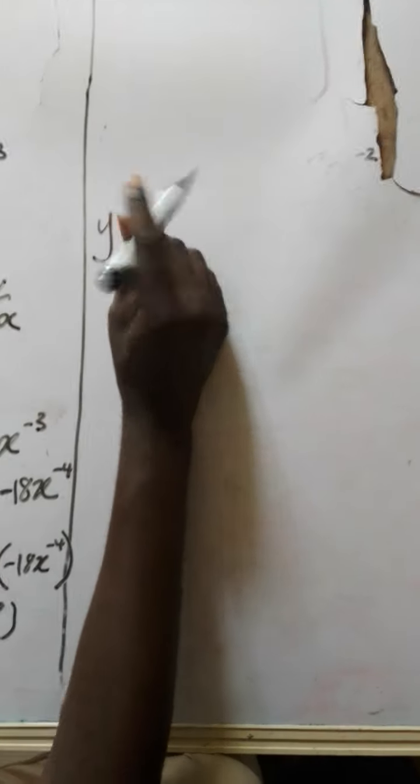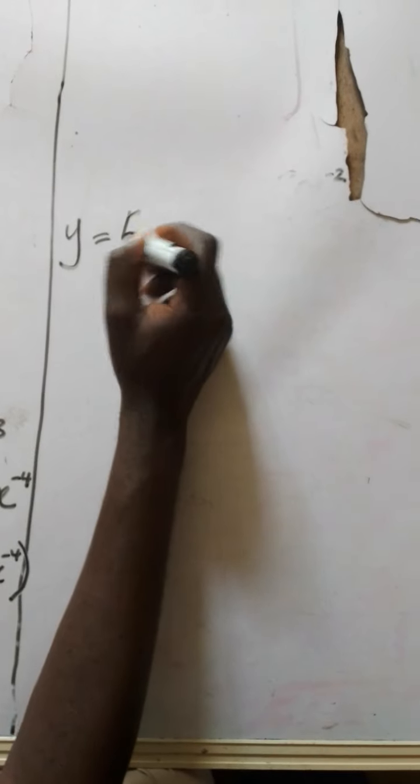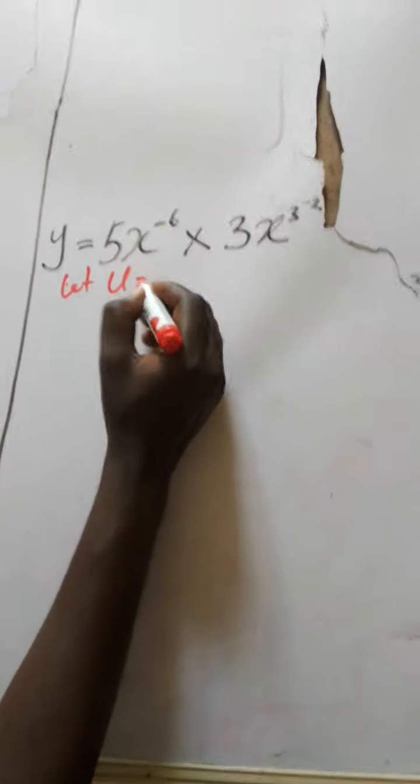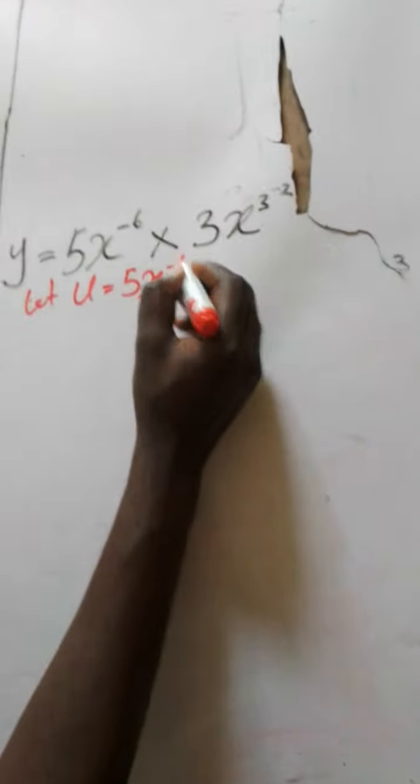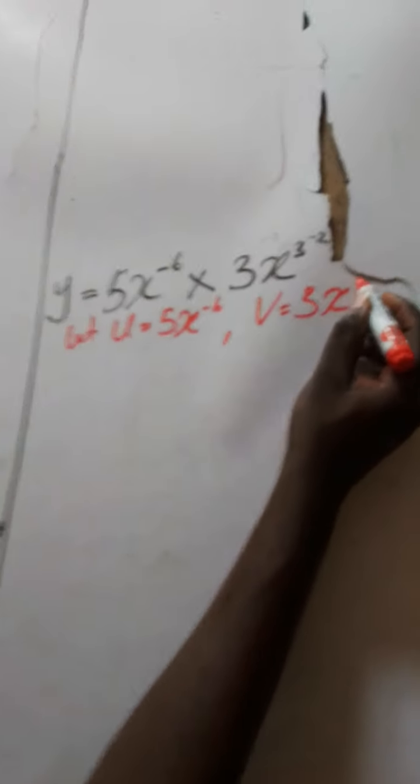Like we can have y equals 5x raised to the power minus 6 multiplied by 3x raised to the power 3. Now, with this, we can say let u equals 5x raised to the power minus 6 and let v equals 3x raised to the power 3.